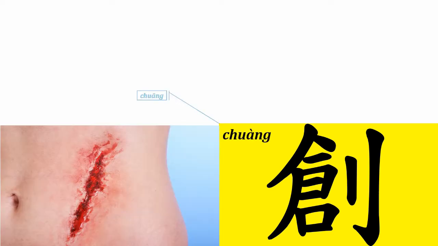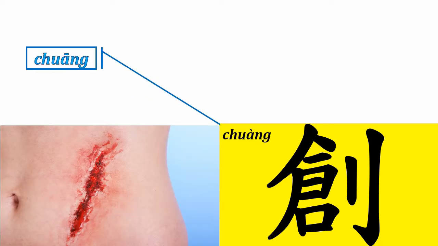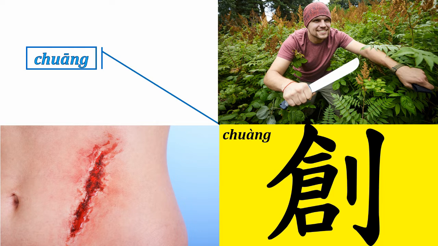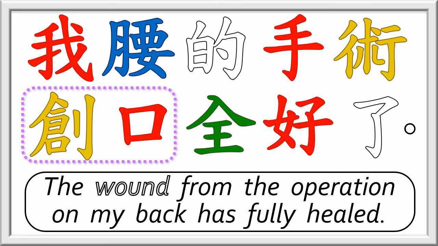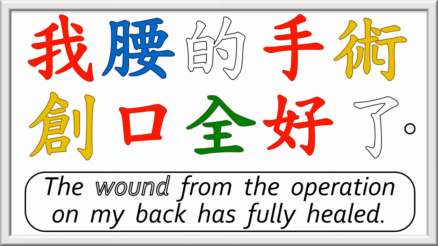Originally pronounced first tone, 疮, 疮, meaning a knife injury or a wound, it's more commonly pronounced fourth tone, 创, 创, meaning either a wound or to cut through brush and trees to clear a path forward. 我腰的手术创口全好了. The wound from the operation on my back has completely healed.